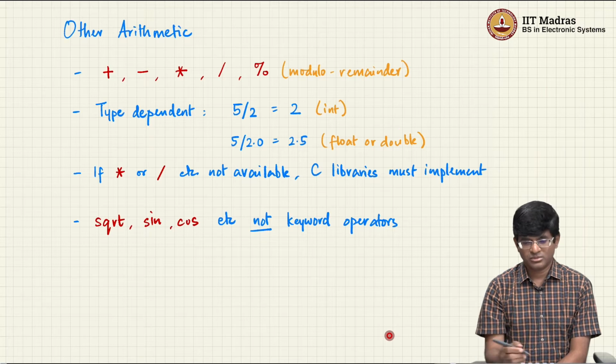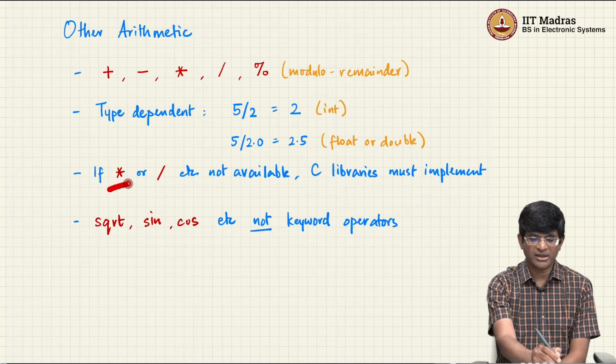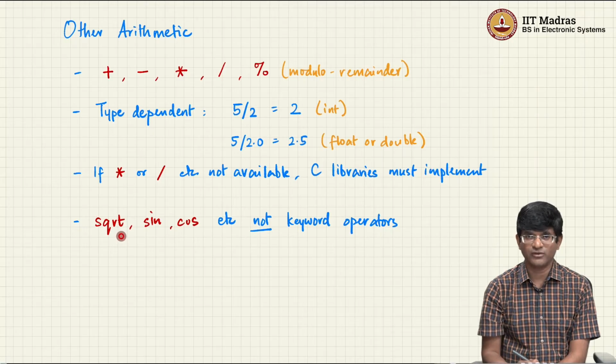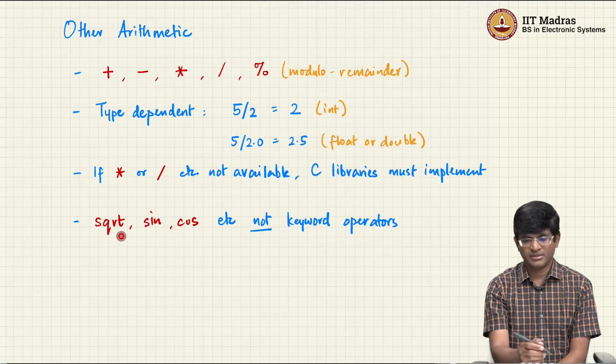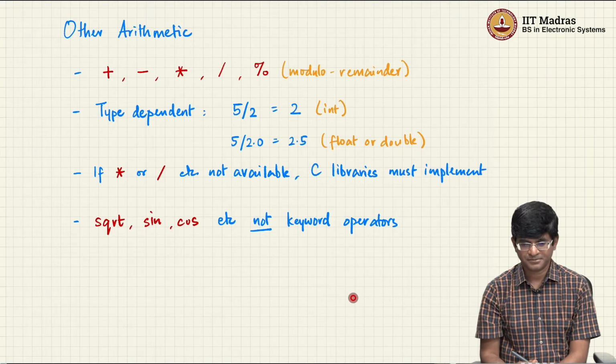Just like you could have had multiplication as an operator, you could think of square root or sine as an operator too, but in this case they are implemented as functions instead.